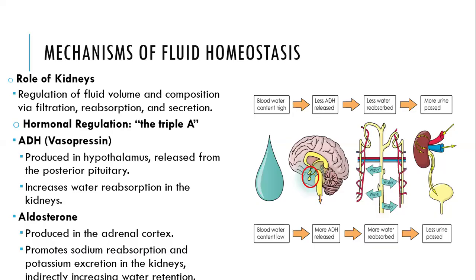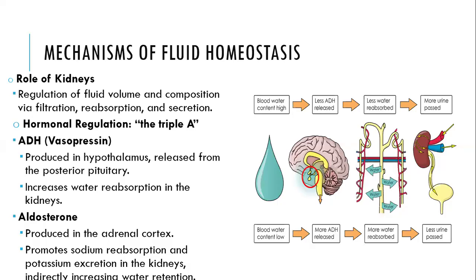The second system is hormonal regulation: the antidiuretic hormone, also known as vasopressin, and aldosterone. Just to remind us of physiology, the antidiuretic hormone is produced in the hypothalamus, but it is released from the posterior pituitary gland.